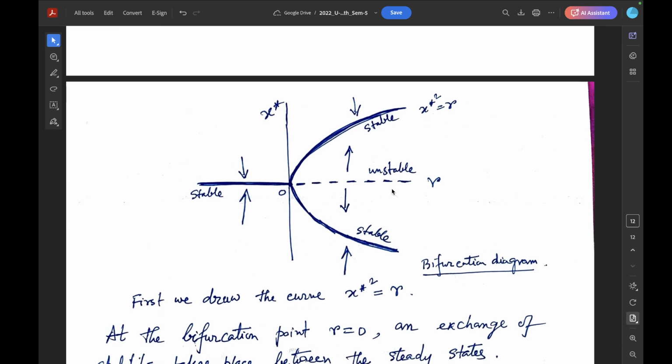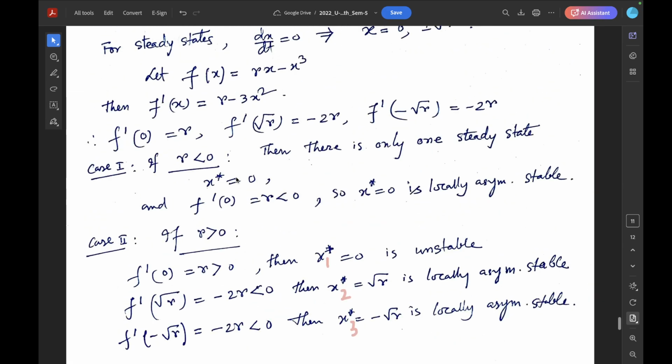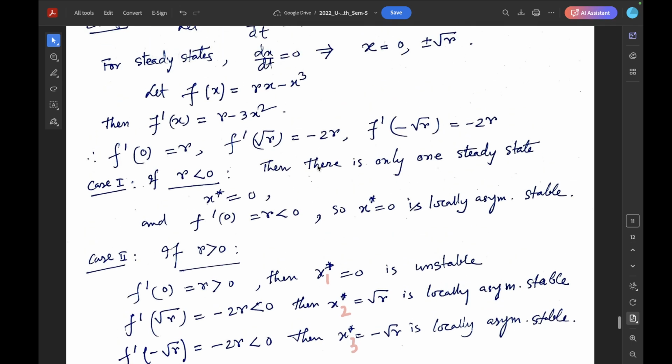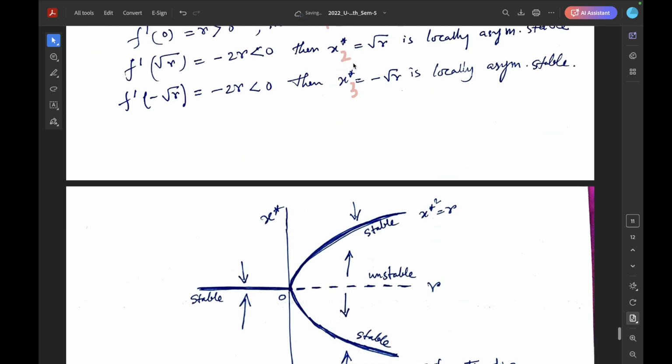For the bifurcation diagram, the horizontal axis is the r axis, and the vertical axis is the x axis. For the critical points, taking x common, x times (r minus x square) equal to 0.